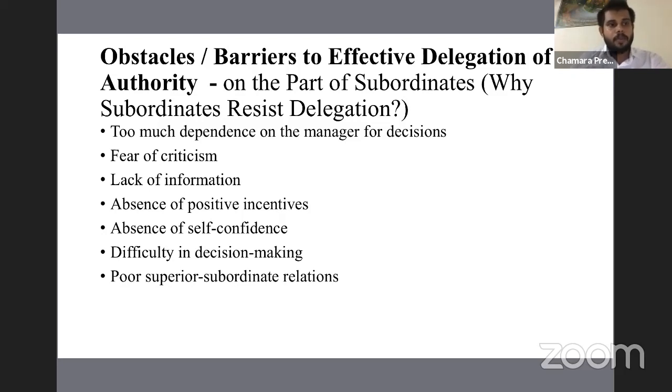Now we don't know about these positive sides without searching for further information. So we just say no. So that is lack of information. Therefore, some subordinates don't like to get authority because of lack of information.